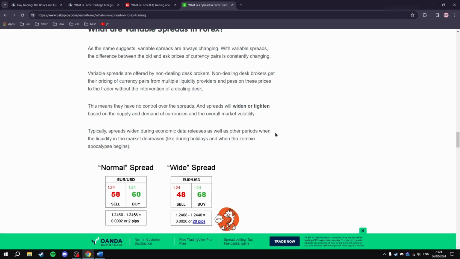Typically, spreads widen during economic data releases as well as other periods when the liquidity in the market decreases, like during holidays or when a zombie apocalypse begins.